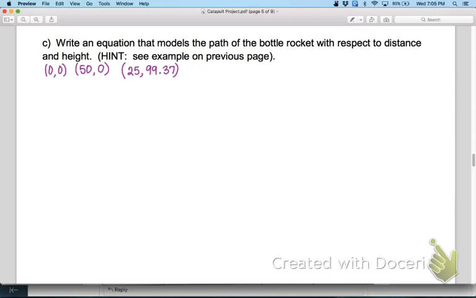We are trying to write an equation that contains both x and y, distance and height. In part B, we were looking at height versus time. So that's why we're not using time here anymore for x.